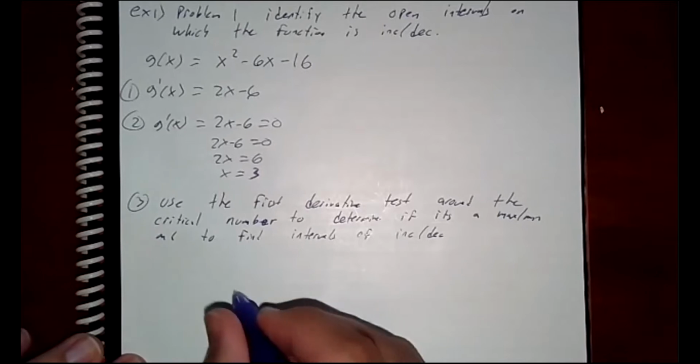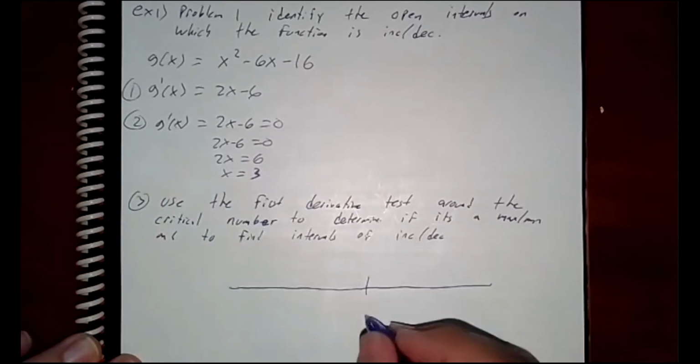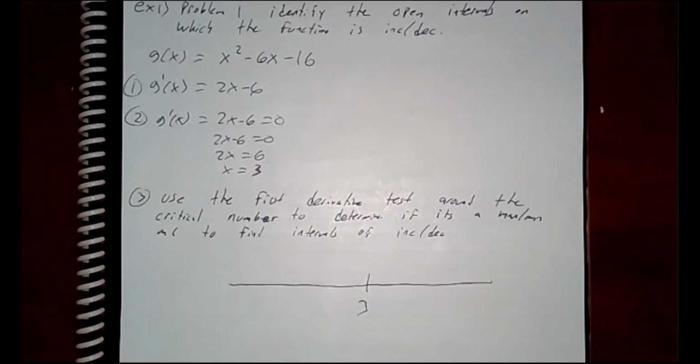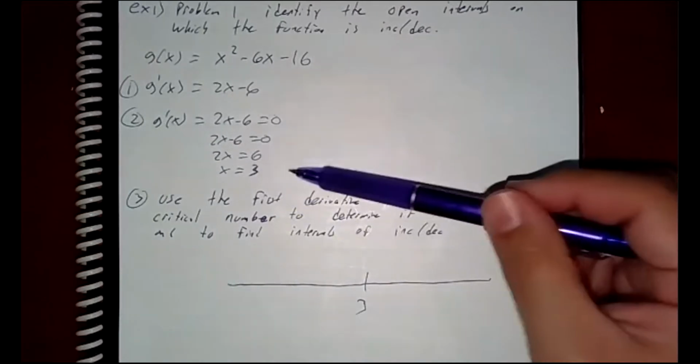So the way it works: create a little number line and put the critical number somewhere in the middle, assuming you only have one. And then test on either side of that number. By test, I mean plug numbers to the left and to the right into the derivative.